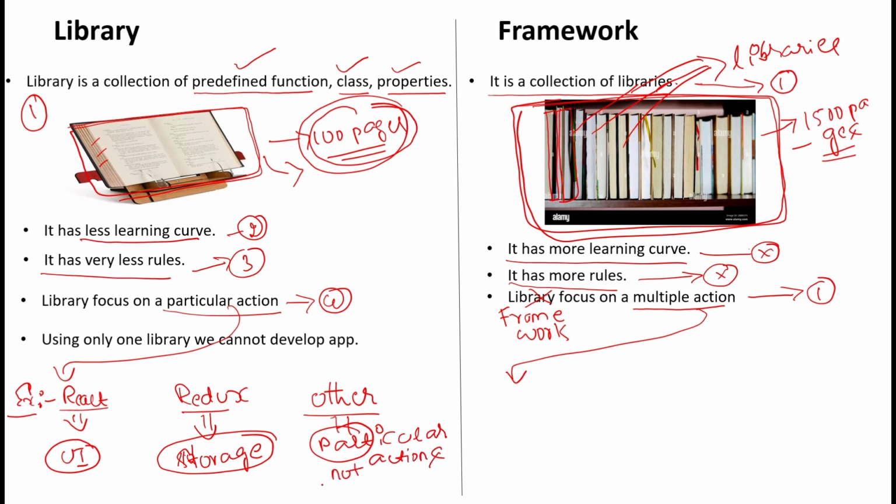Not entire actions. So a library focuses on a particular action, not the complete entire action. Entire action means a library is not able to create a complete application, right?